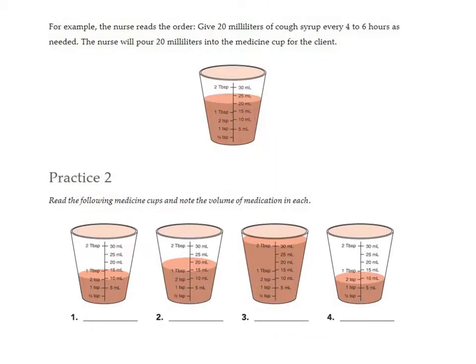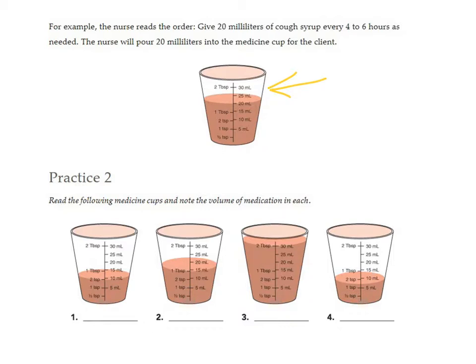All right, as we move forward in this chapter, the next section we're looking at is our medicine cups. Medication cups, we've seen those before. We know that when we're filling with fluid, we can lay it flat on a table and we can see where that indicator is. Maybe a little bit harder to read here on a piece of paper, but you can see where the author of the text has drawn this light orangish color.